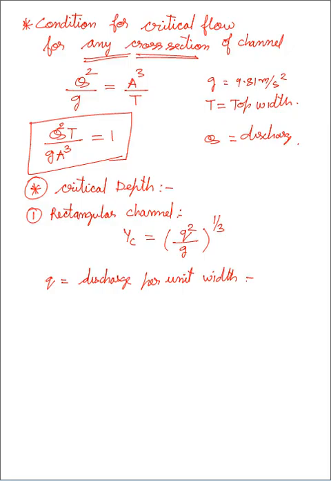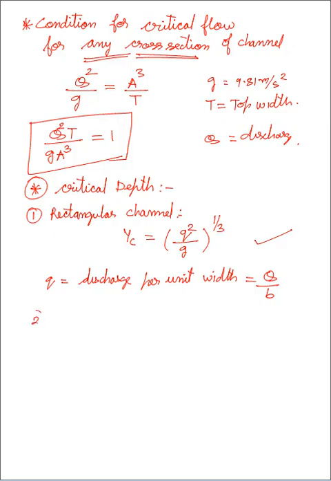Okay, so basically it is capital Q upon B. B is your width, so that is small q, and g you all know, that is acceleration due to gravity. So this formula will give you directly the critical depth for rectangular channel. Okay, so don't get confused.